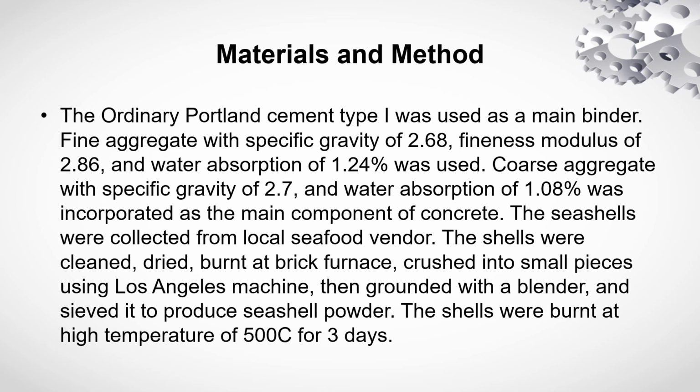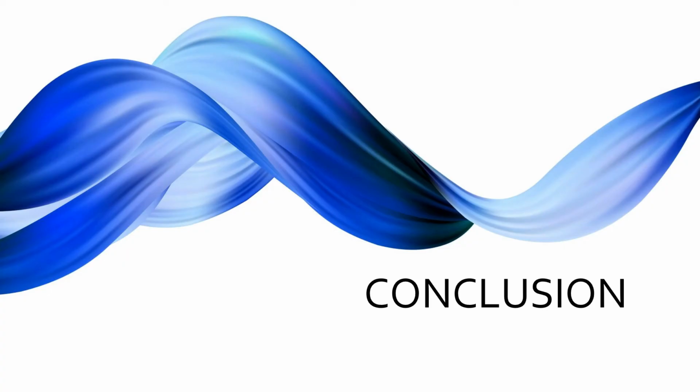The shells were cleaned, dried, burned in the brick furnace, crushed into small pieces using the Los Angeles machine, then ground with a blender, and sieved to produce seashell powder. The seashells were burned at a high temperature for 3 days.